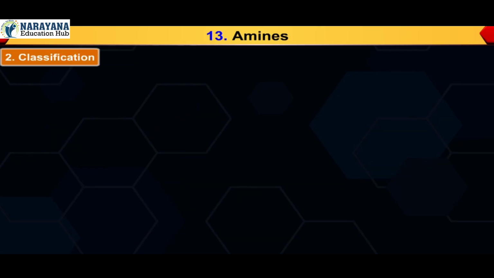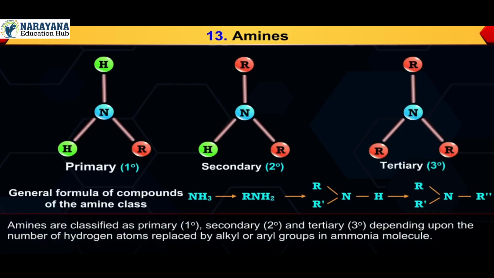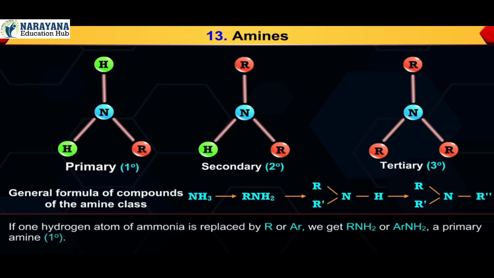2. Classification. Amines are classified as primary, secondary, and tertiary depending upon the number of hydrogen atoms replaced by alkyl or aryl groups in ammonia molecule. If one hydrogen atom of ammonia is replaced by R or Ar, we get RNH2 or ArNH2, a primary amine.